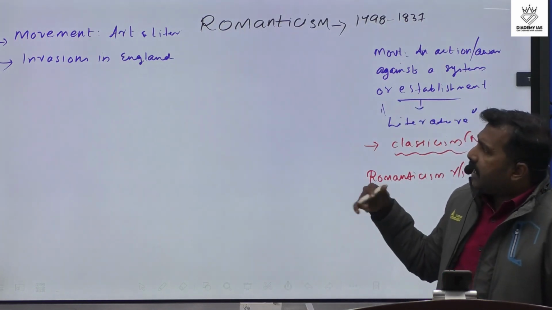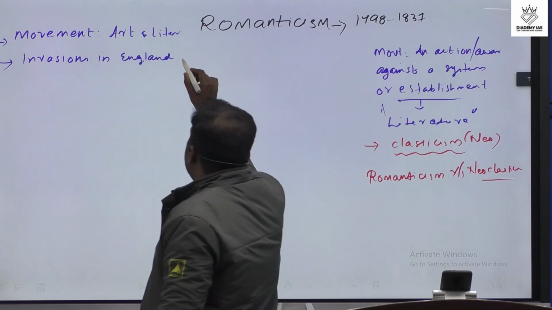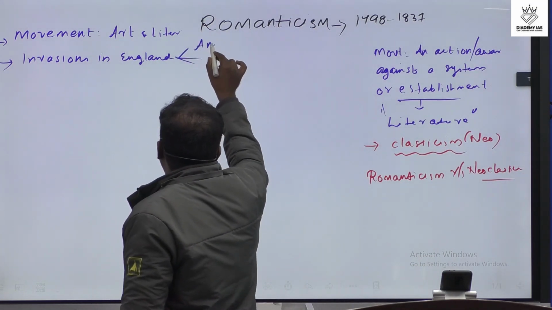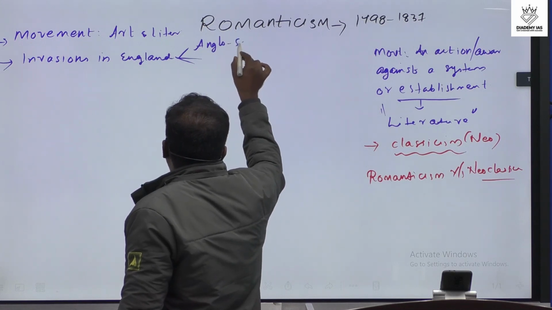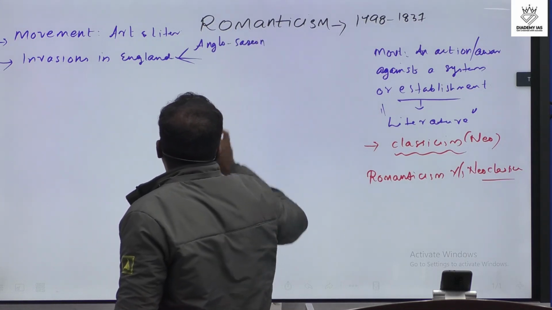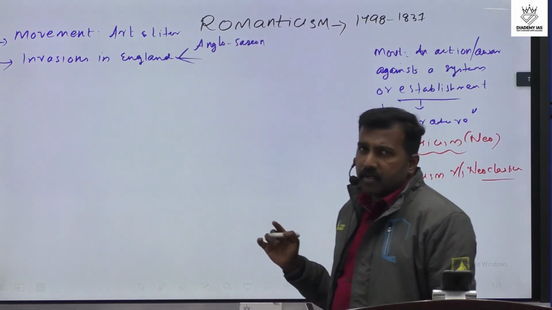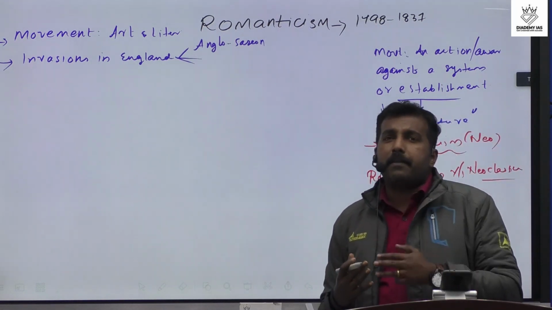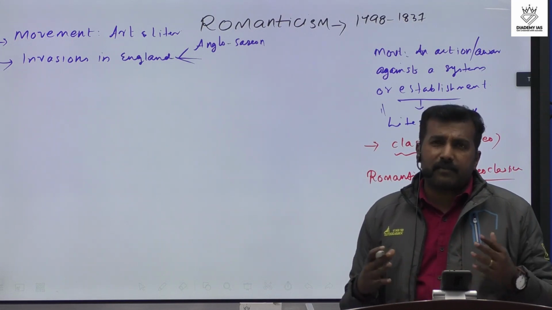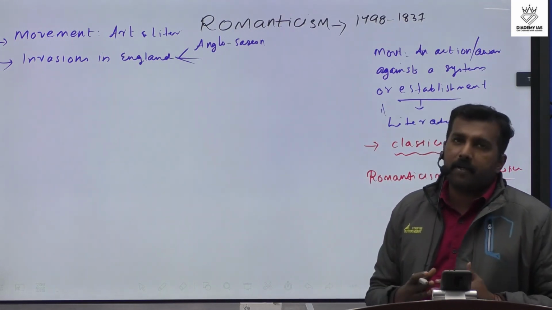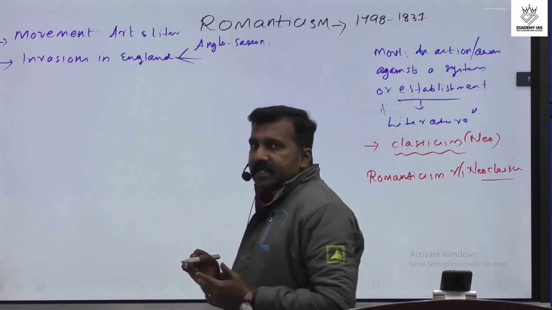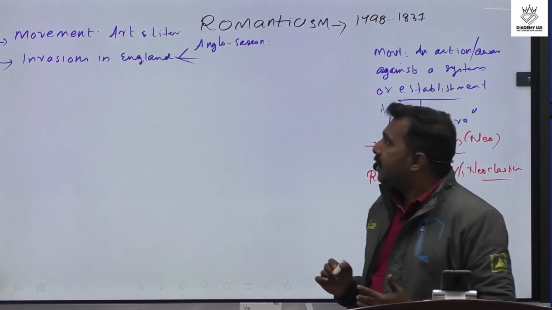For example, the Anglo-Saxon invasion, and we know these Anglo-Saxons were mainly three communities or groups of people: Angles, Saxons, and Jutes.